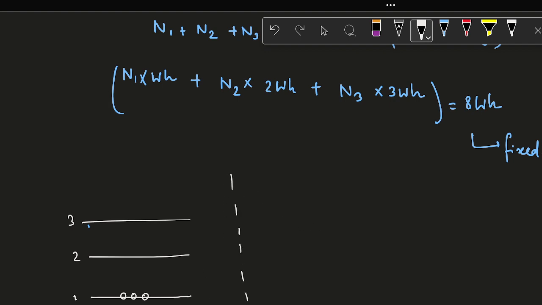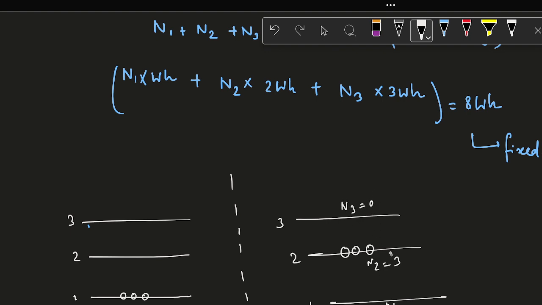Then go to a second configuration where again you have 3 steps, 1, 2 and 3. In this case, you can put all 3 people, these 3 circles, on the second step. So N2 equal to 3, but N1 equal to 0 and N3 equal to 0. There are no people on the first and third steps, only on the second.